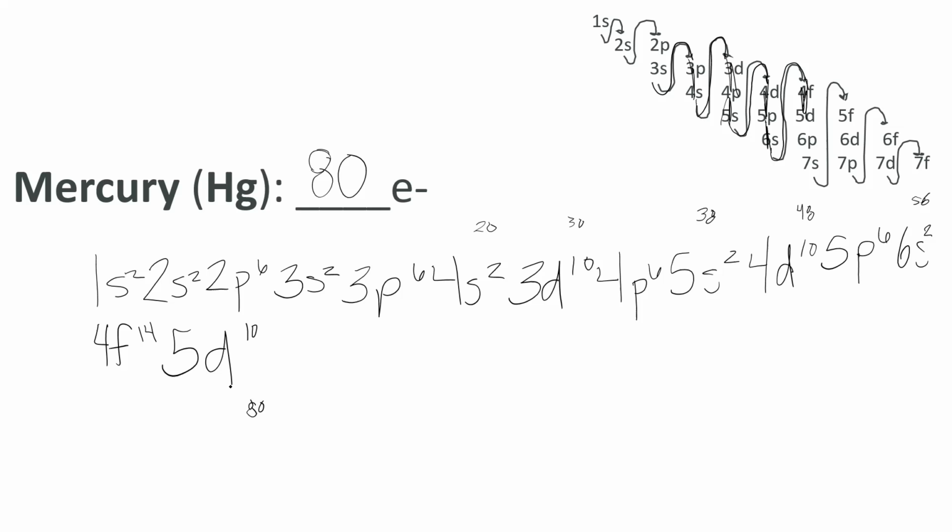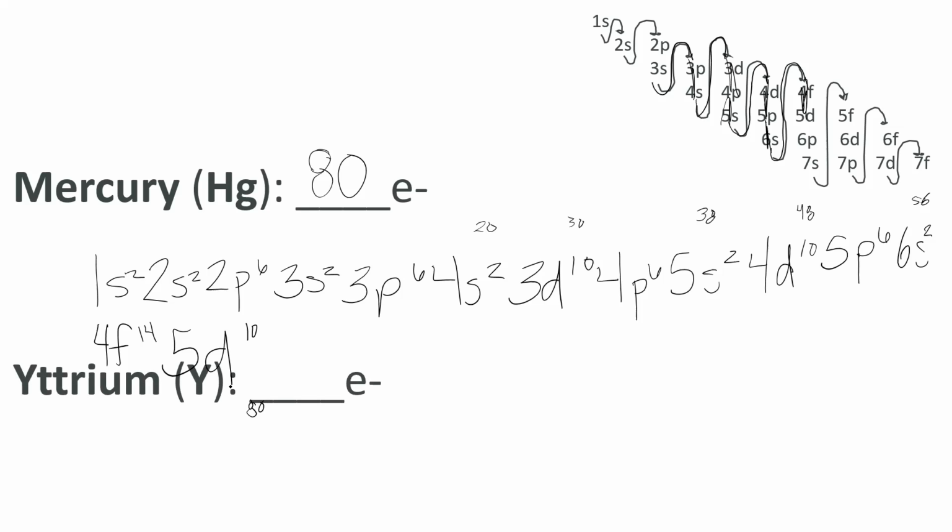Electron configuration for mercury: 1s2, 2s2, 2p6, 3s2, 3p6, 4s2, 3d10, 4p6, 5s2, 4d10, 5p6, 6s2, 4f14, 5d10. If you can do that one, you can do any of them.